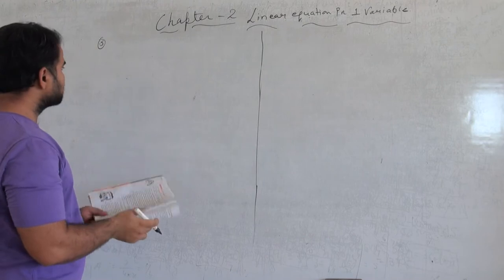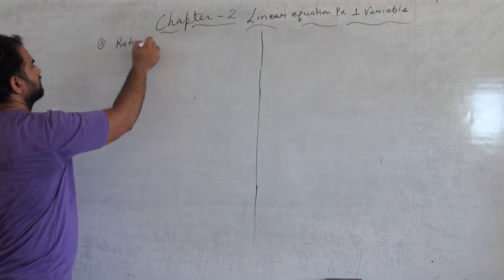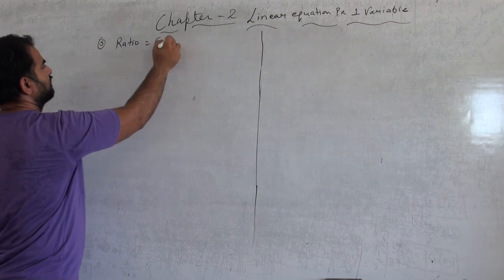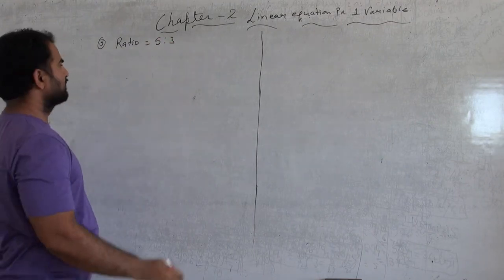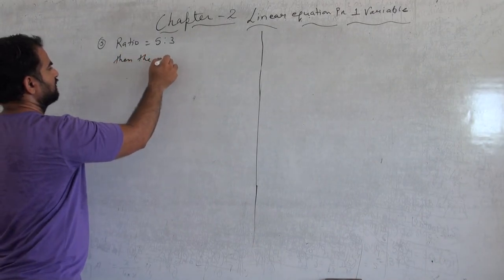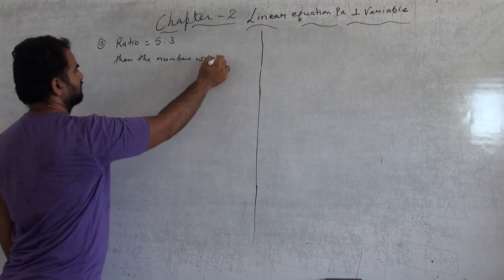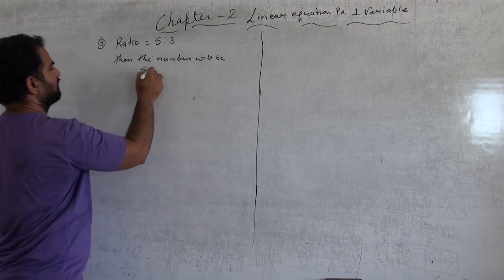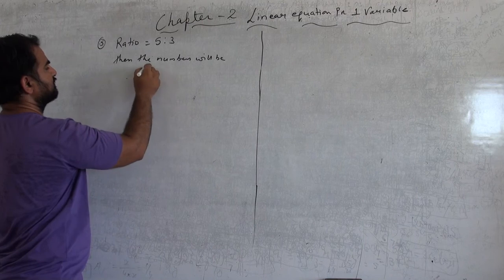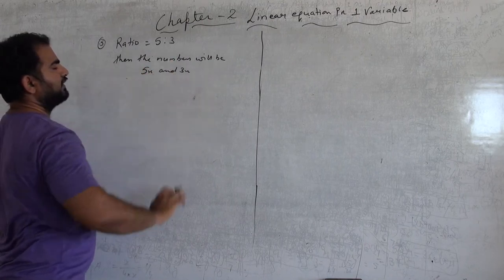Let the first number equal... the ratio is given 5:3, then the numbers will be 5x and 3x.